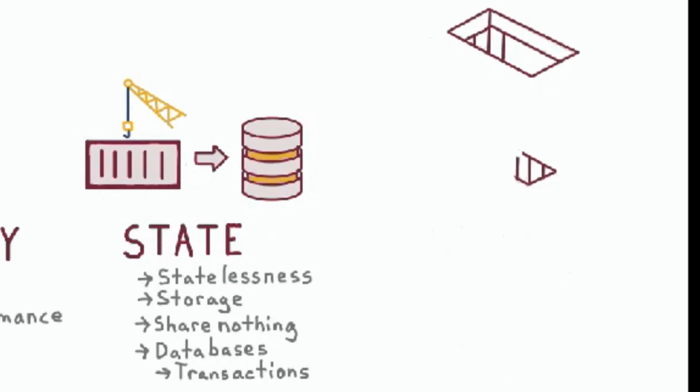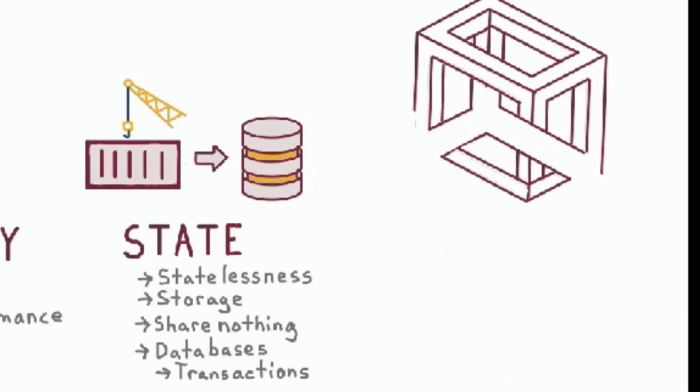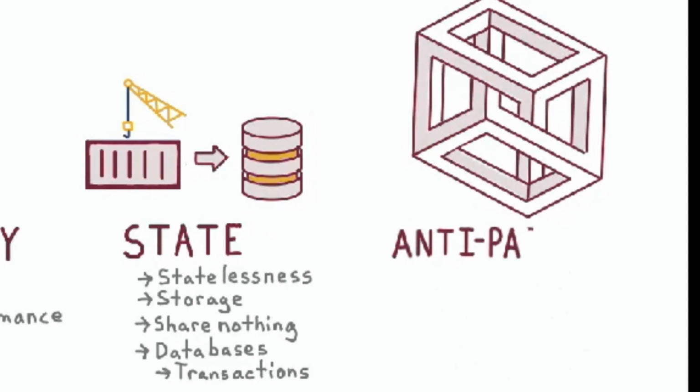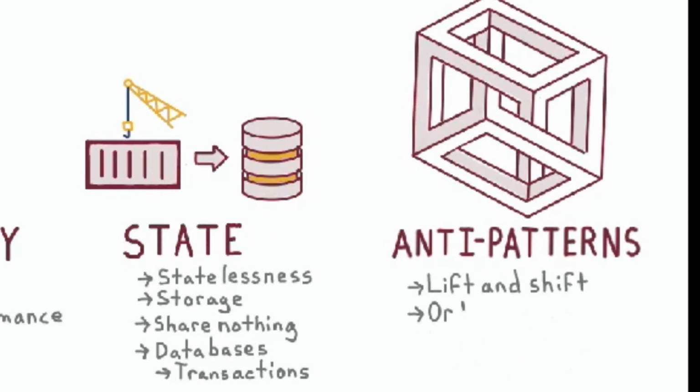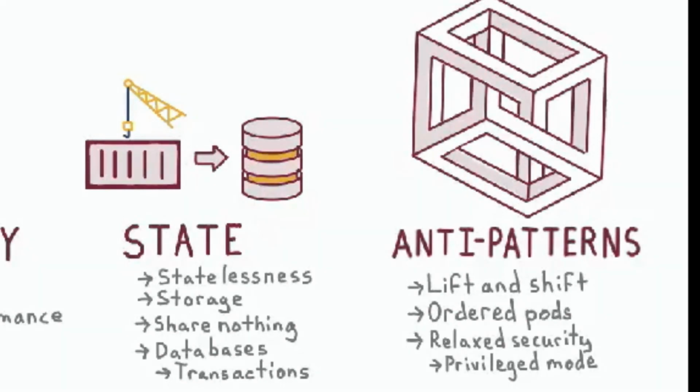The most common anti-pattern for microservices is the lift and shift. This is when someone takes a full application, a monolith that has many concerns such as a web server and a database, and puts them all in one container. The rate of change for all of these concerns will cause continuous restarts and redeployments in lockstep. Another anti-pattern is ordered pods.